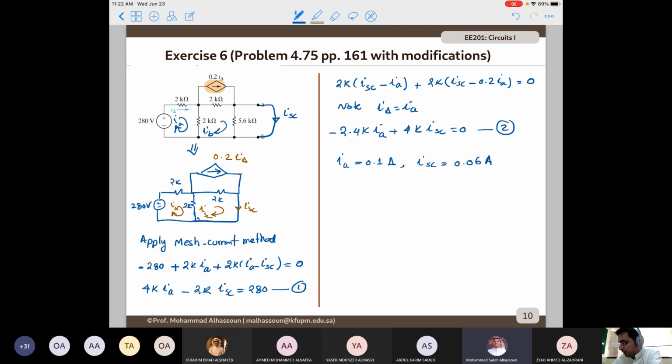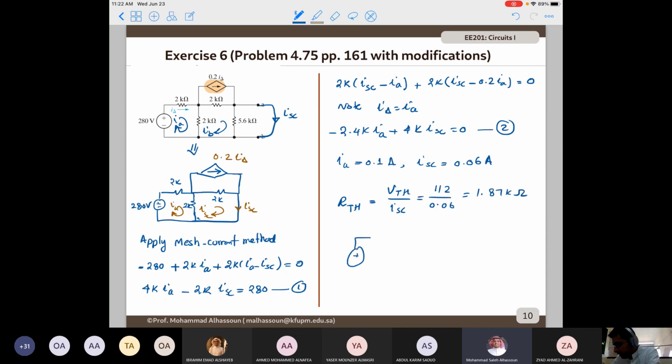So the Thevenin equivalent resistance is the following.